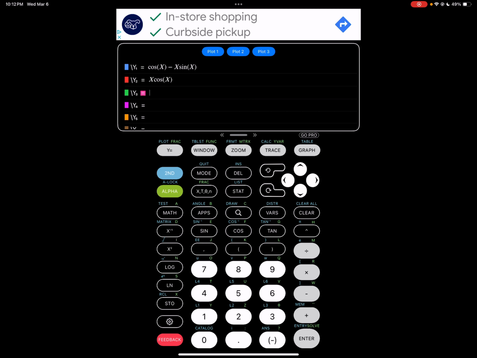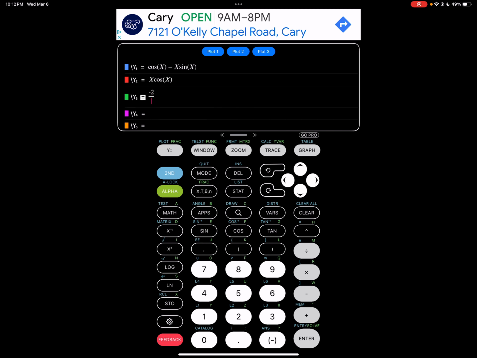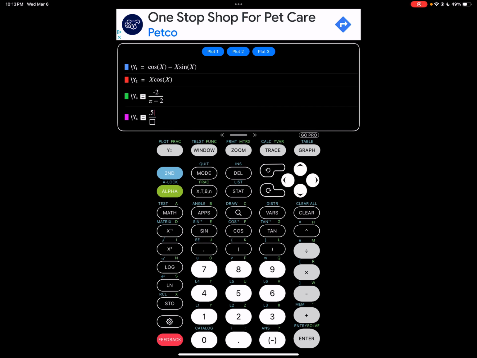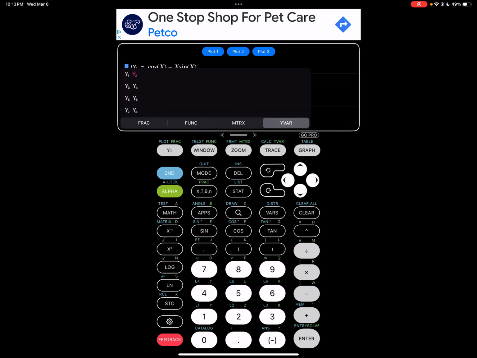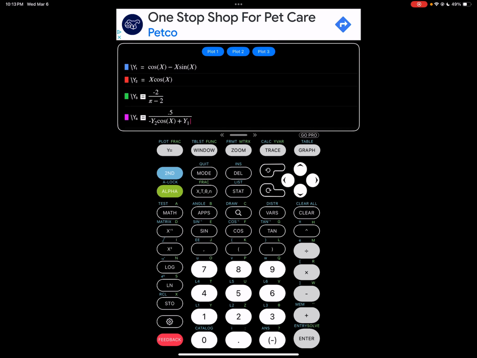We are going to plot -2 over pi minus 2 for y3. And then for y4, I want 1/2 over negative r, in this case y2, cosine of x plus r prime, in this case y1, sine of x. And then call it a day.